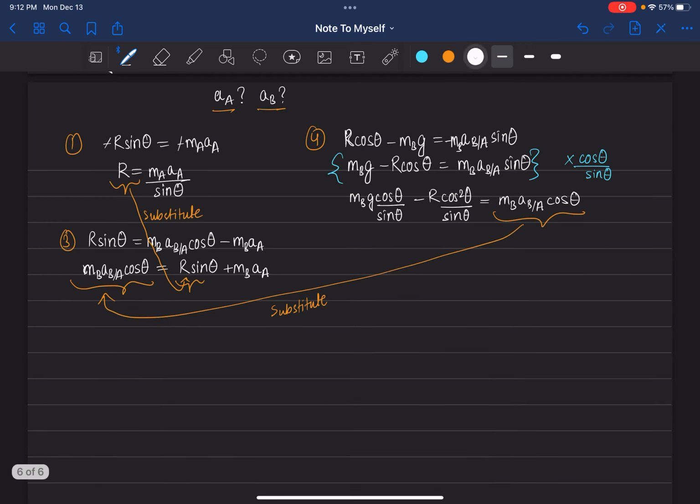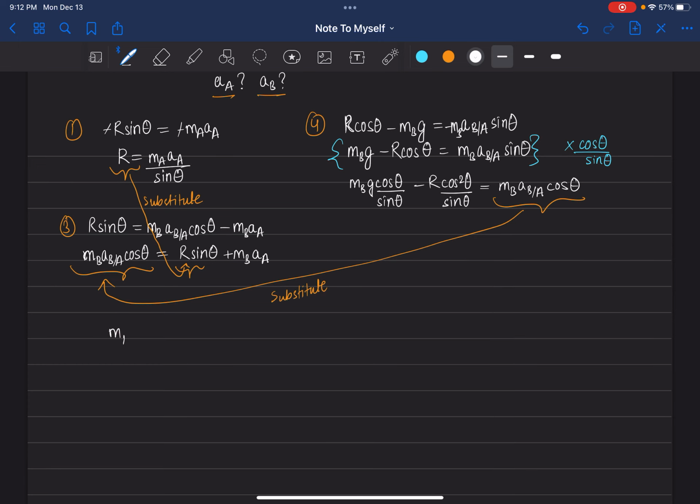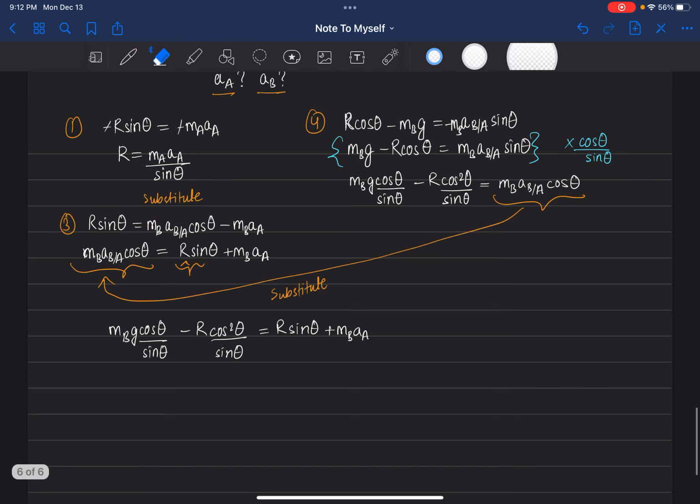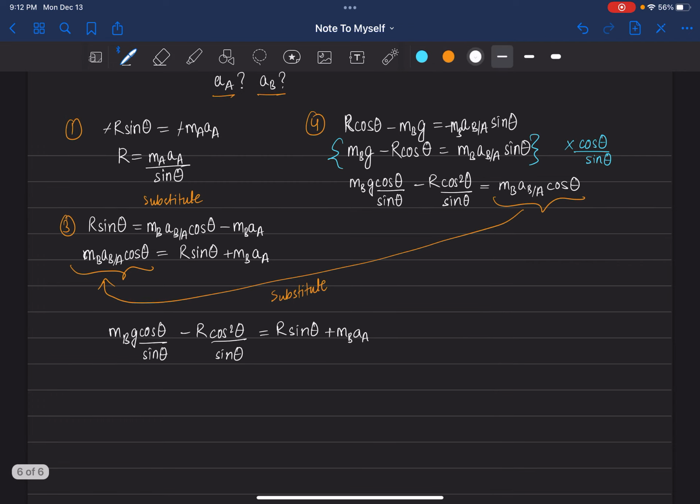So let's see what I get when I substitute them. m of B g cosine theta over sine theta minus R cosine squared theta over sine theta equals, actually, I'm not going to substitute the R yet, plus m of B acceleration of A. Actually, let me just remove this to make it more clear. So first I substituted this because they're the same thing, right? Now I'm going to substitute R into this and into this.